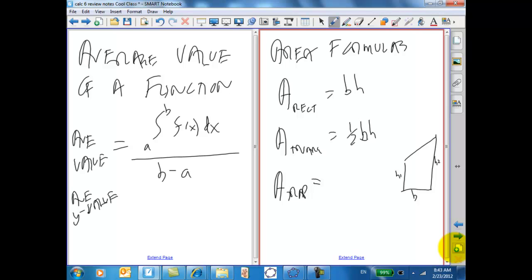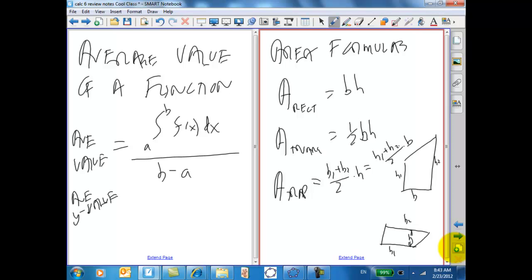You could view this as here's base 1 and here's base 2 and here's the height. Or you could have a base and have 2 different heights. So you could say either the average of the bases times the height, or the average of the heights times the bases.